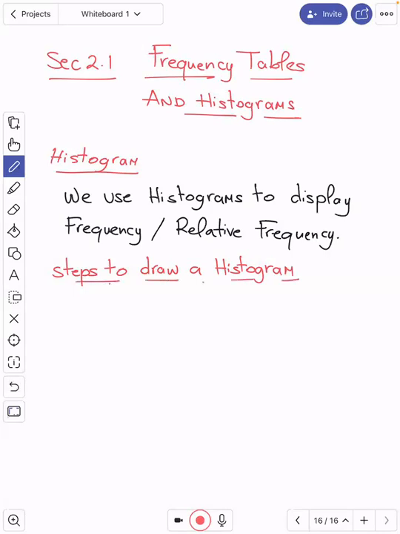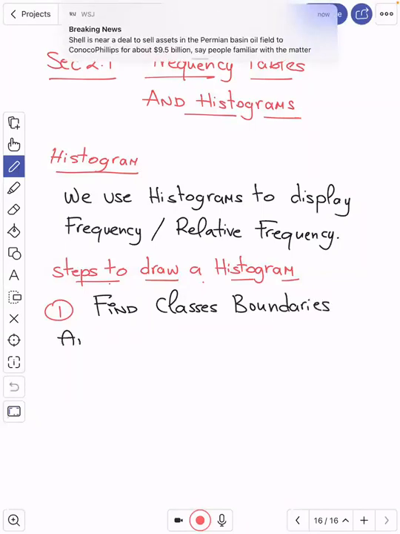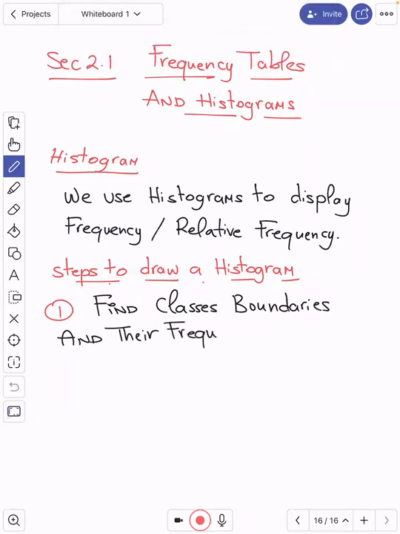Step one, we need to find the class boundaries and their frequencies or relative frequencies. Well, it depends on the problem.